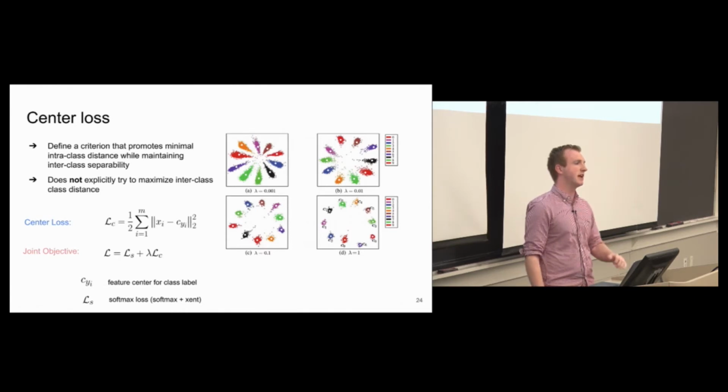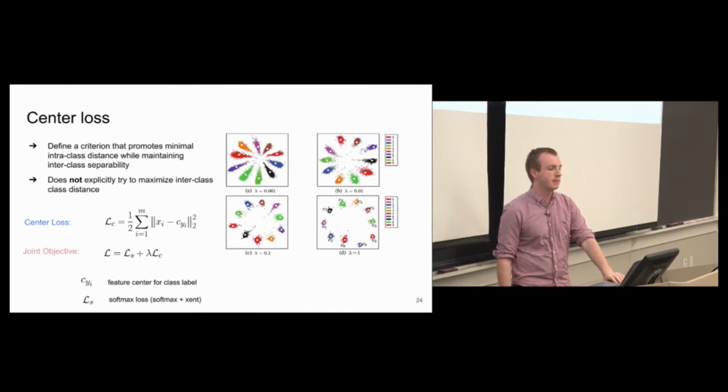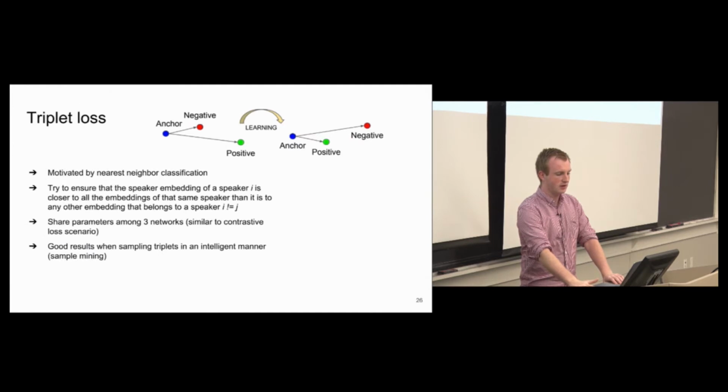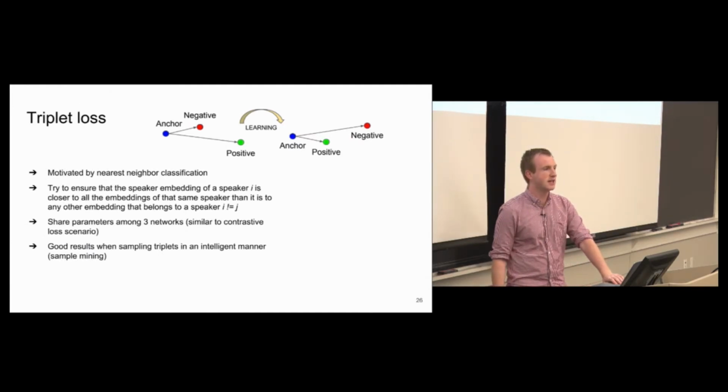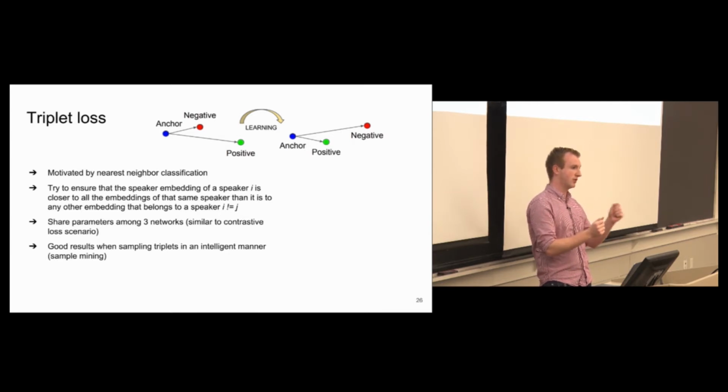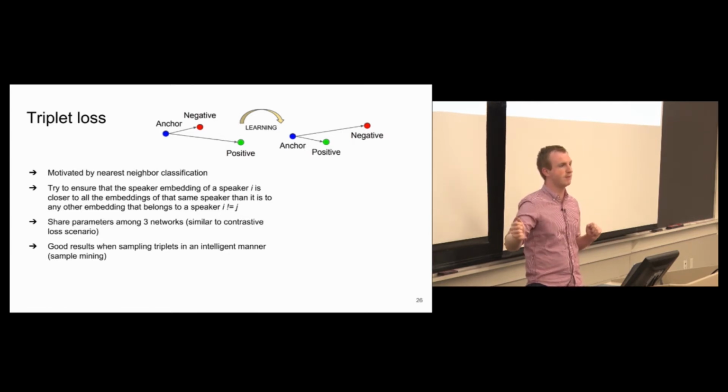It's a similar idea, but it ends up being mathematically different, because with center loss, every iteration you pick a center and try to cluster the points around that center, whereas triplet loss is a per-sample objective. We're individually trying to push together the embeddings of the positive class with the anchor, and then push it away from the negative class.